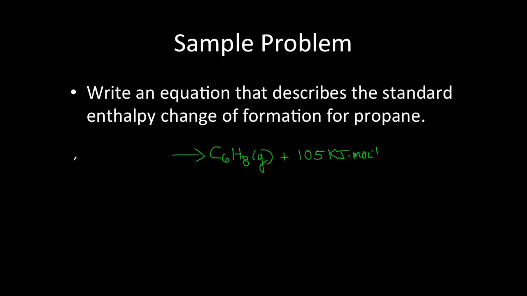Now I go over onto the reactant side, and I see that I have carbon as one of my atoms, so I'm going to take 3 moles of carbon, which is solid at room temperature, and I need 8 hydrogens, and hydrogen is one of my diatomic elements, and it's a gas at room temperature, and I'm going to need 4 moles of it, so I have 8. And so here's my thermochemical equation.